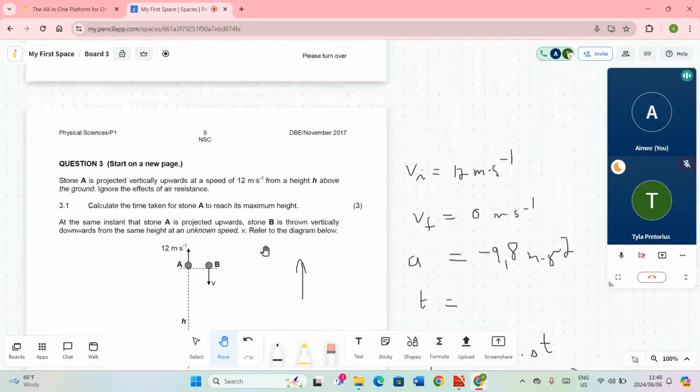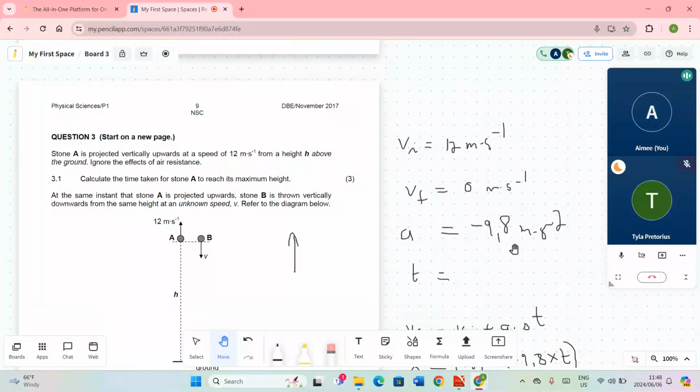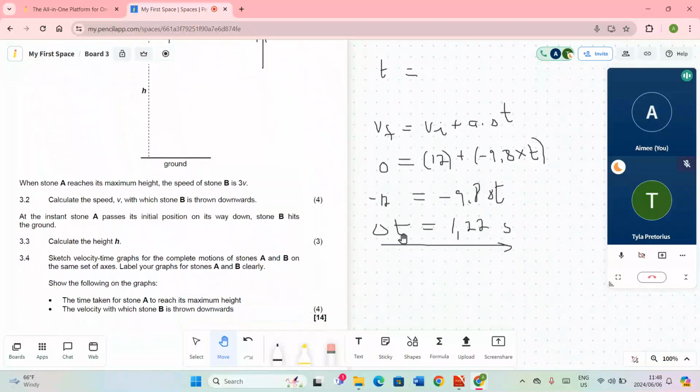So the question was, calculate the time taken for stone A to reach its maximum height. The velocity at its maximum height was 0, so the time taken is 1.22 seconds.